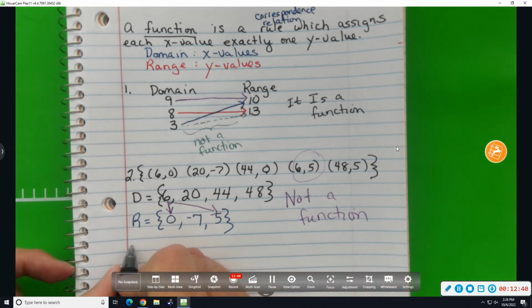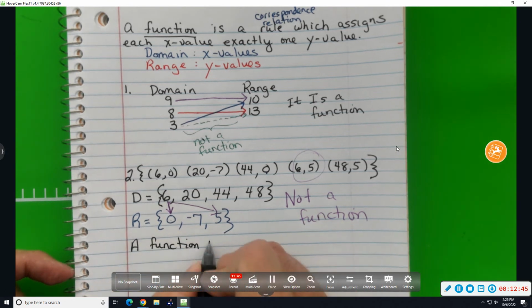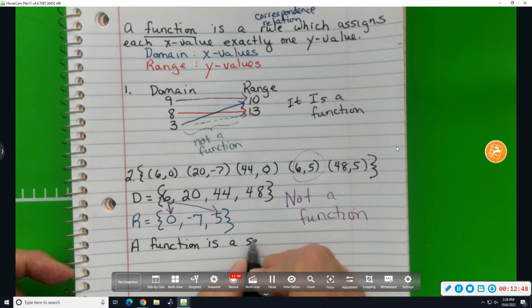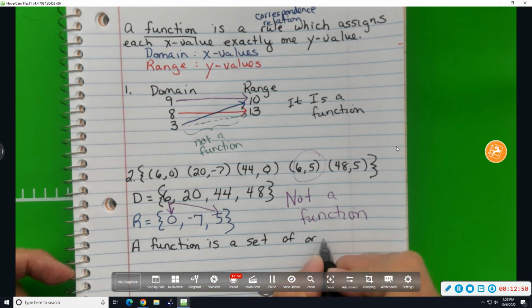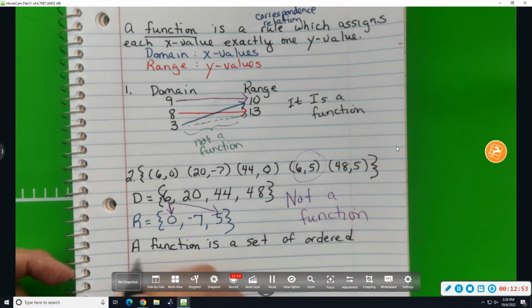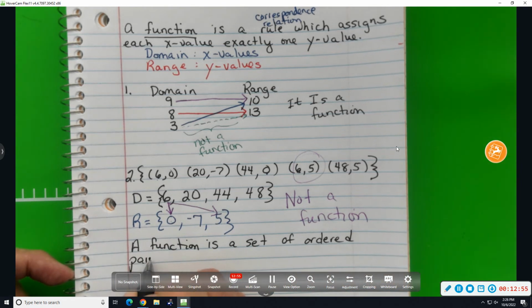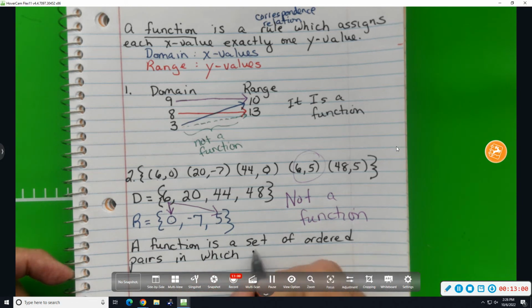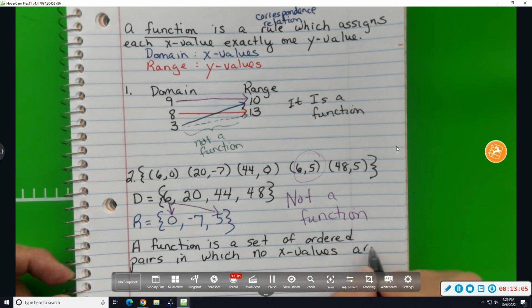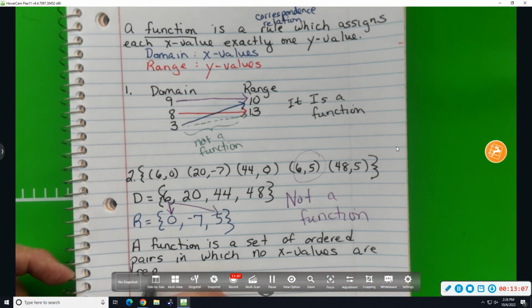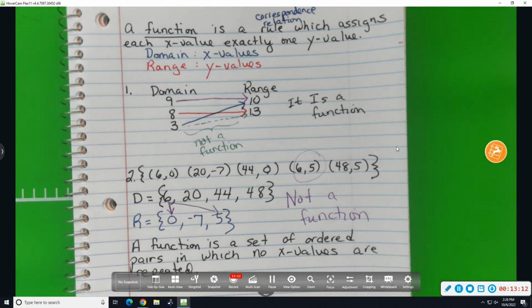Another way you might see function defined: a function is a set of ordered pairs in which no x values are repeated.